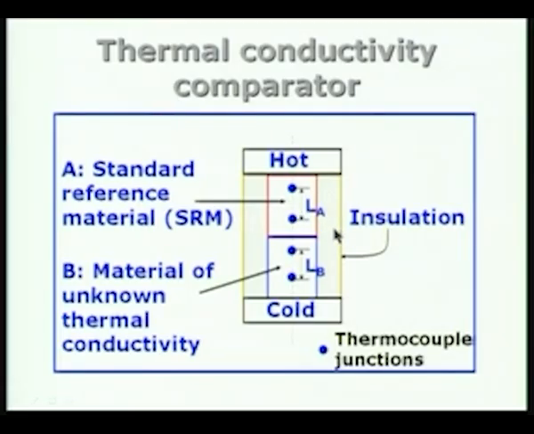In fact, instead of insulation, we can use vacuum as a possible choice, because vacuum will give you a good insulation, and of course, the walls of the vacuum chamber can be maintained at a temperature which is close to the temperatures of these two media here.